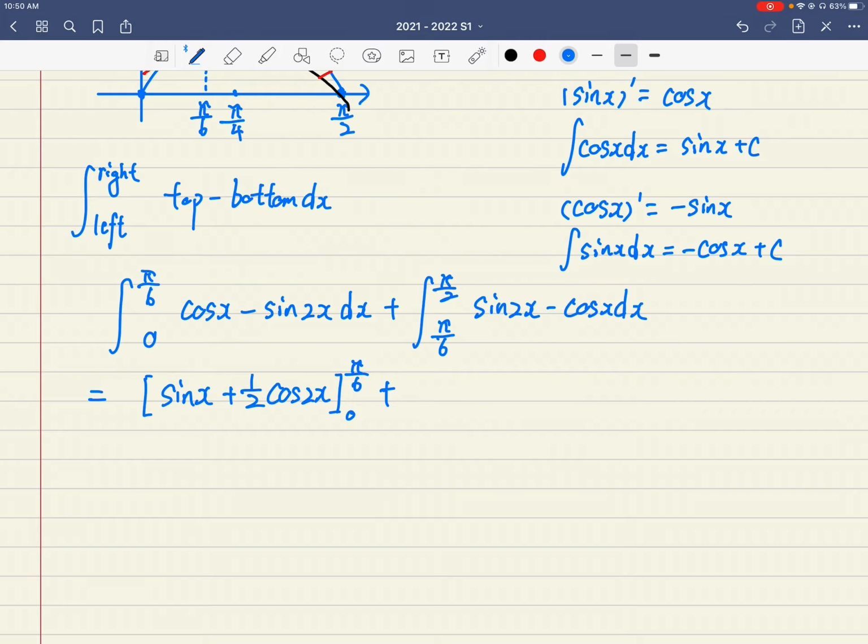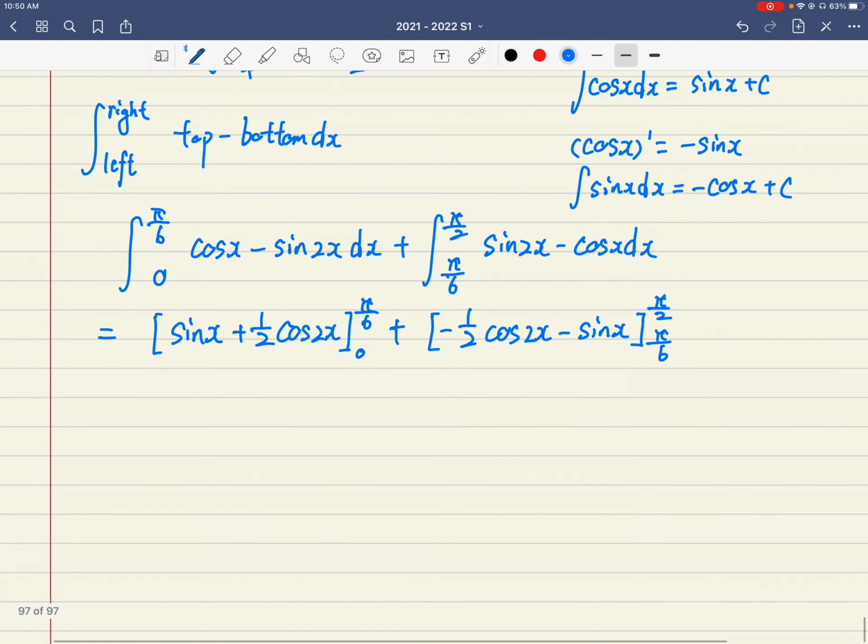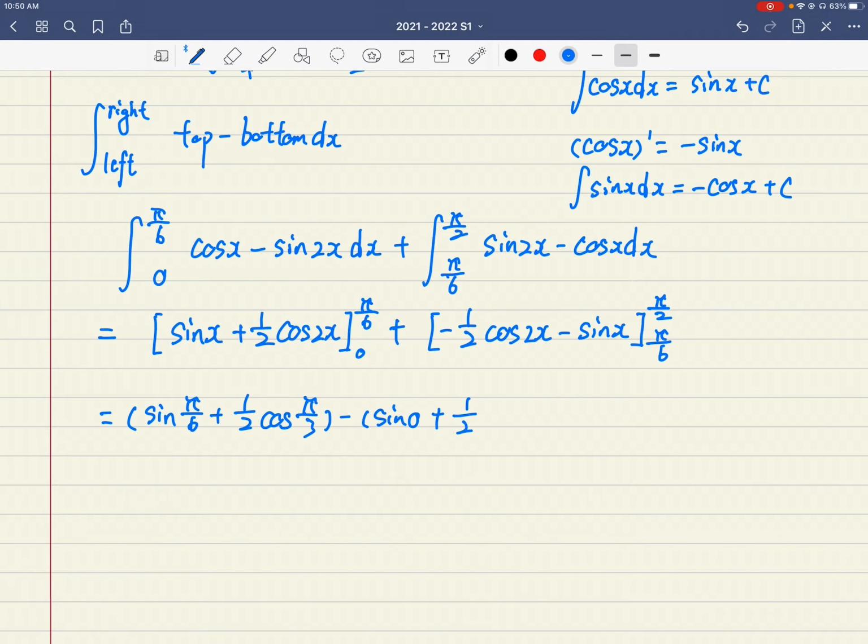And similarly here, sine 2x, what's the integration? We've already done it: it's negative half cosine 2x. And then minus cosine x, whose integral is sine x, from pi over 6 to pi over 2. Then just do the substitution. Here it's sine pi over 6 plus half cosine of pi over 6 times 2, which is pi over 3, minus sine 0 plus half cosine of 2 times 0.